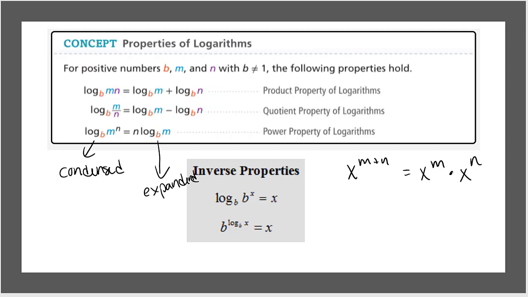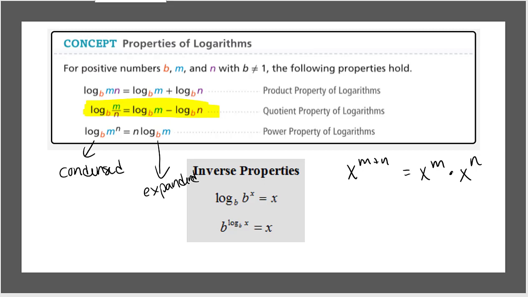With the next quotient property, there is a relationship between division and subtraction, the same as with our exponential properties. On the left-hand side with the condensed version, you see a division. On the right-hand side, it's split into two logarithms with the m and a subtraction before the n.